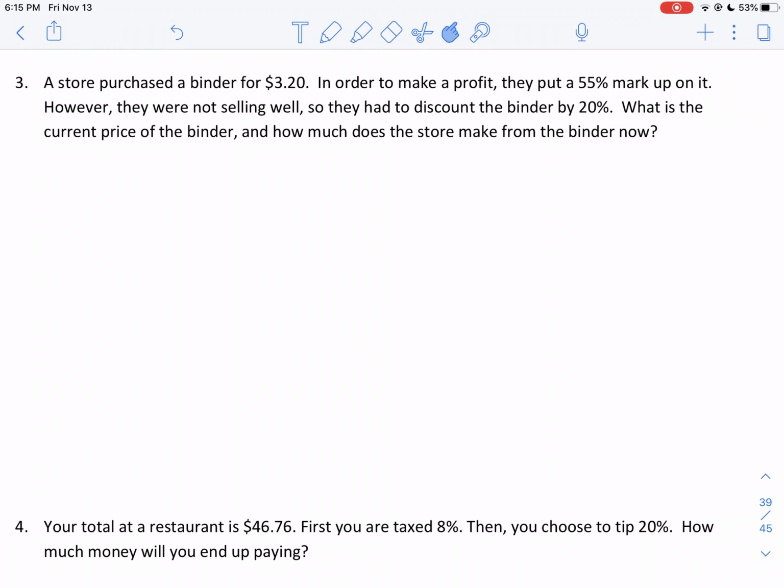What is the current price of the binder, and how much does the store make from the binder now? Okay, so do you think we could do 55 minus 20 and then just say, oh, so it's only 35% more? So then we just find the 35% of the $3.20, and then that's our answer?